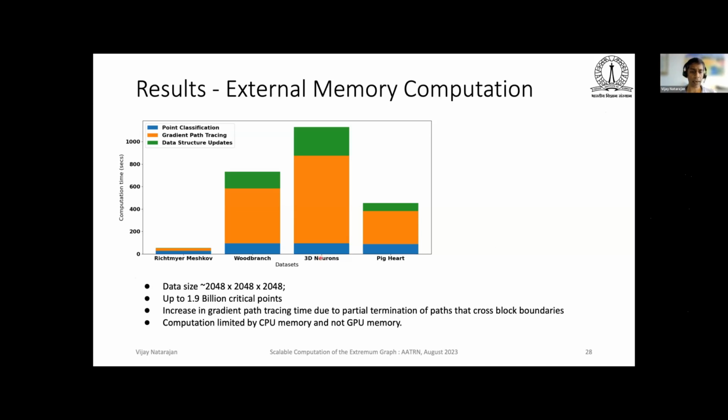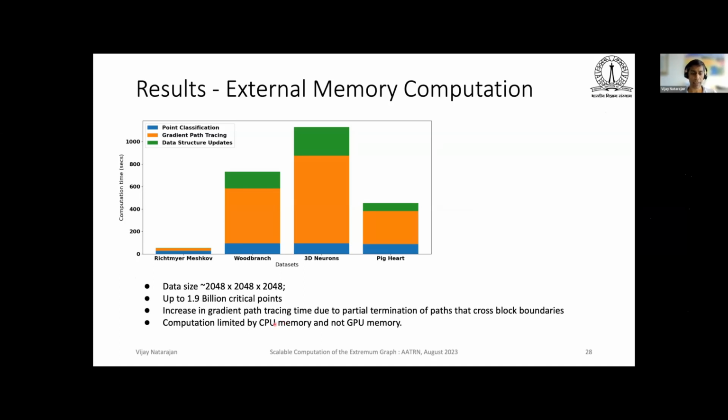So the increase in the runtime, as you can see in this stacked bar chart, is primarily due to the gradient path tracing step, which is understandable because as the number of critical points increase, we need to spend more time on tracing these gradient paths, and the partial termination of these paths also leads to a slowdown in the computation.